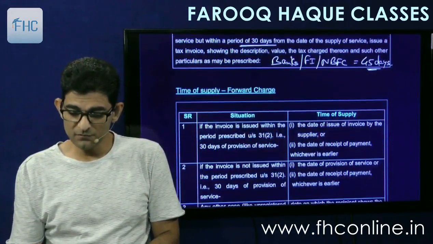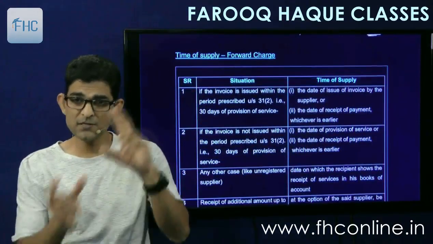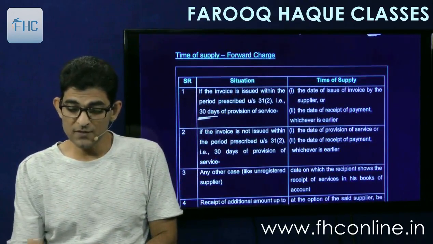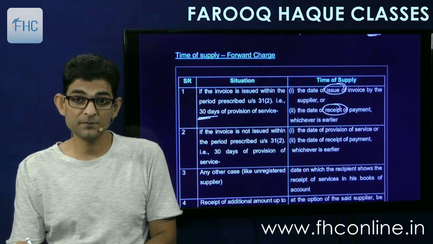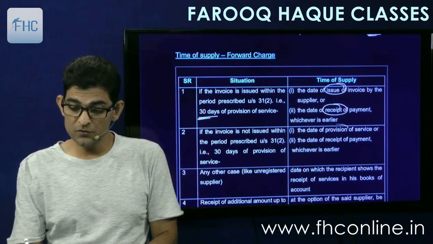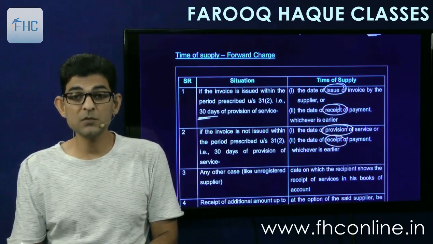then a small table is given for forward charge, again explaining all those points which I have already explained. If it is issued within 30 days, then issue of invoice and date of receipt of payment, whichever is earlier. If not issued within 30 days, then provision of service or receipt, whichever is earlier.